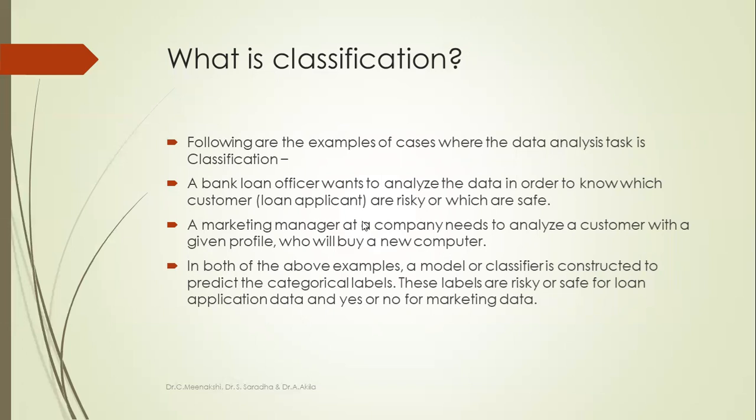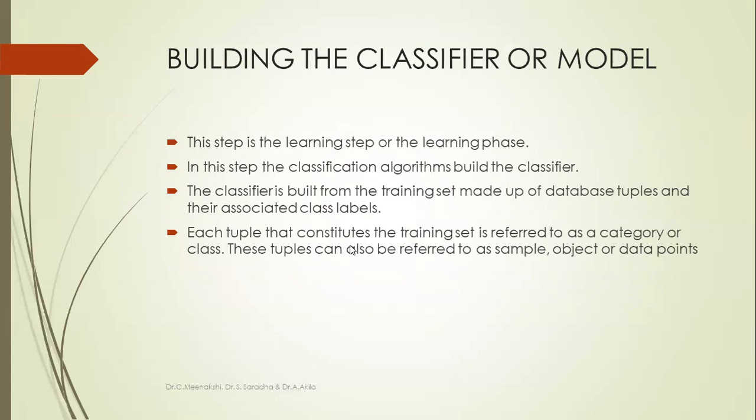Whether he will be able to buy it or not is given by this classification algorithm. So we have these two examples: classifying whether it is safe or risky, or whether he'll be buying or not.